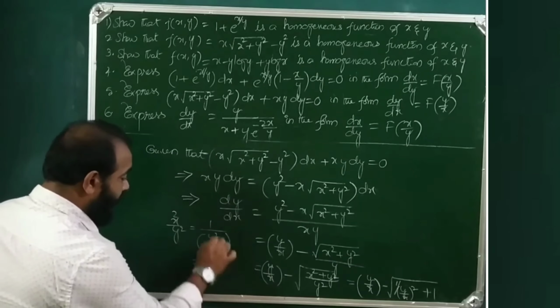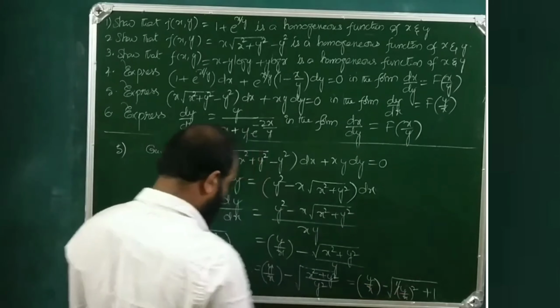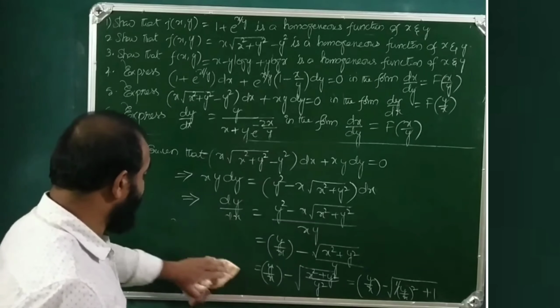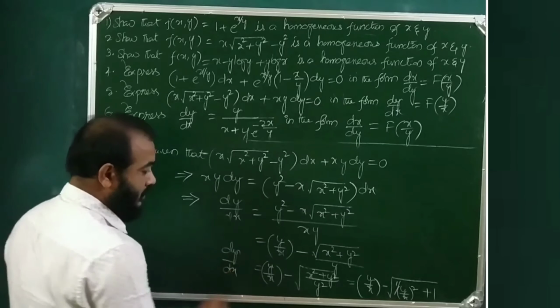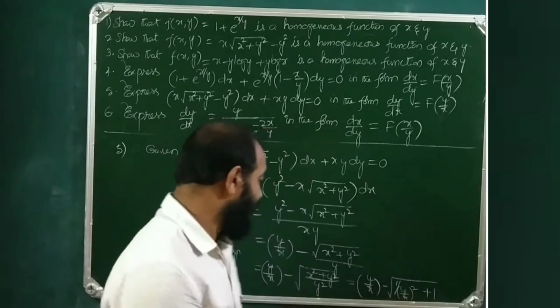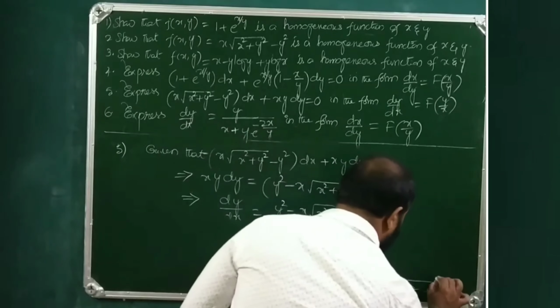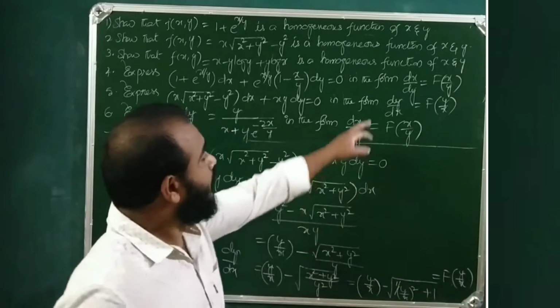So this is 1 by y square by x square, which is y by x whole square. That's what I have written here. So then if you see this, dy by dx equals to, this is y by x and this is also y by x. Therefore this is simply a function of y by x. That's what he asked us to prove.